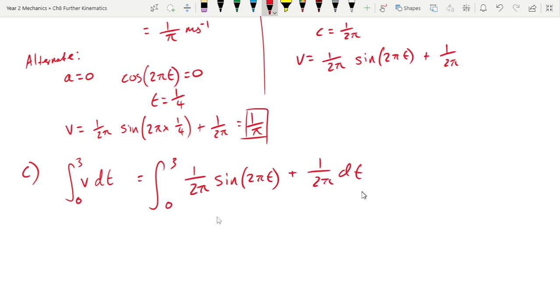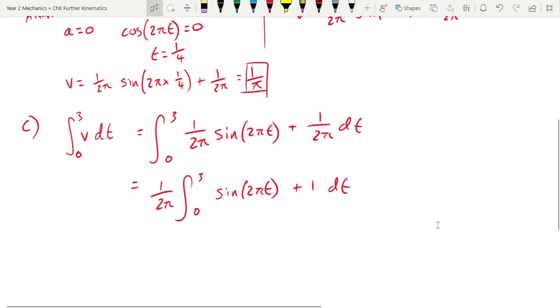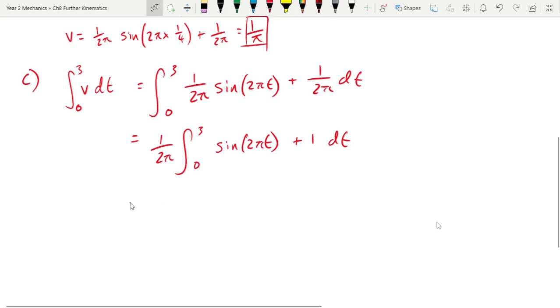I'm actually going to factor out this 1 over 2 pi just to make things easier. So I'm going to put the 1 over 2 pi at the front. If you don't do that, you will obviously still get the same final answer. But I think doing it like this just makes this a nicer expression to integrate. So I've got 1 over 2 pi.